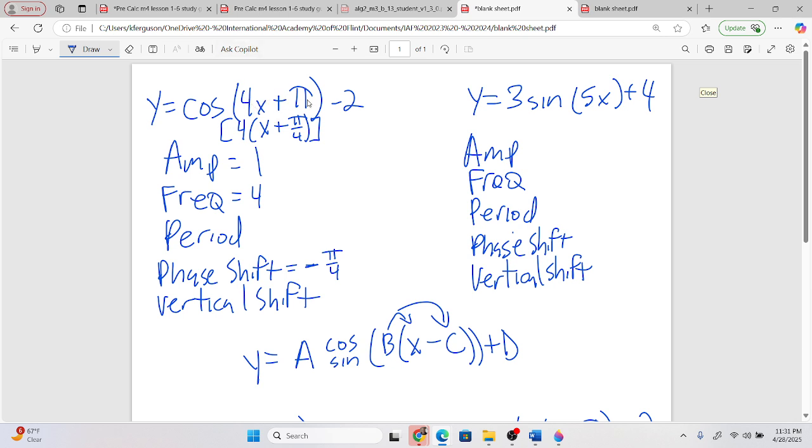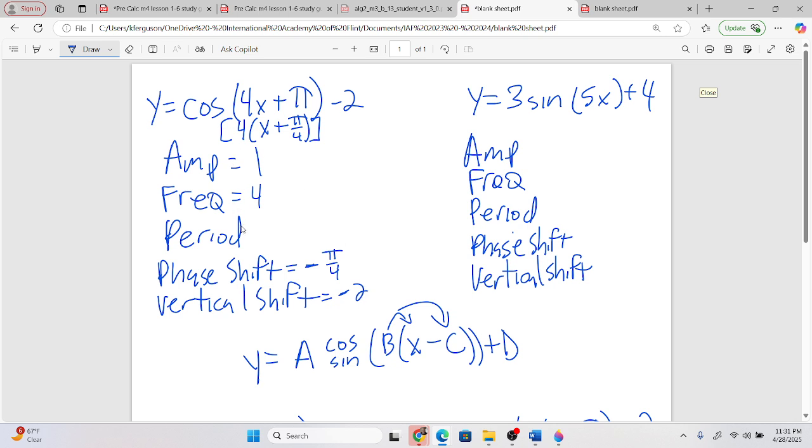If you got 4x plus pi or 2x plus pi over 2, you're going to have to divide both of these by this number. That is your frequency. Whatever's times x is your frequency. But over here, you can't just say my phase shift is pi. No, because they took that 4 that was out here and distributed it. So 4 times x is 4x. 4 times pi over 4, the 4's cancel off and you're left with pi. So you got to watch that. And then my vertical shift is just -2.